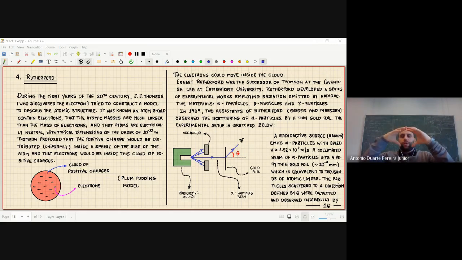So Rutherford discovered that the atom is made of a nucleus with positive charge and a cloud of electrons. We know that electric charges of different signs, namely positive and negative charges, attract each other, right? So I can think of the nucleus trying to attract the electrons closer. And then you can say, well, why doesn't this happen?